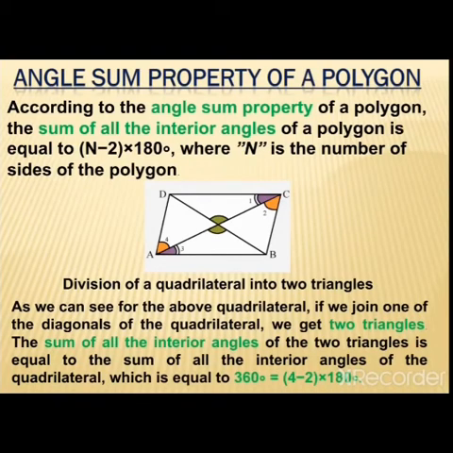Equal to (4 minus 2) multiplied by 180 degrees. Now see the formula for the angle sum property of a polygon: (n minus 2) multiplied by 180 degrees. In a quadrilateral there are 4 sides, so 4 minus 2 multiplied by 180 degrees. And each triangle carries 180 degrees.